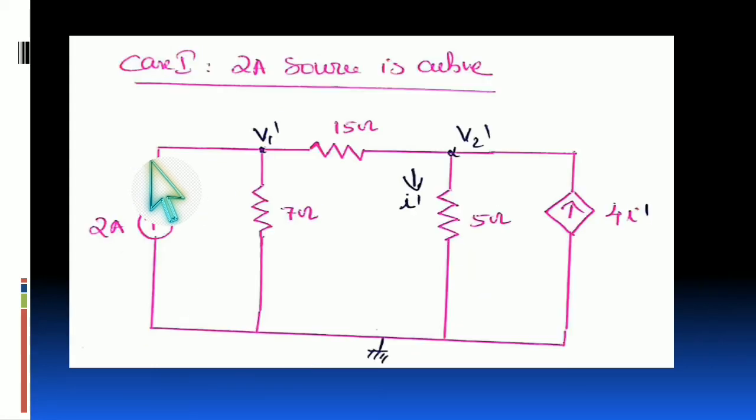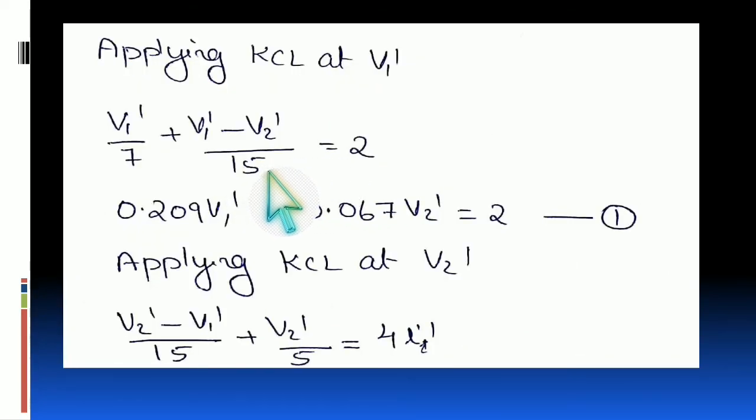One end of this 7 ohm is at potential V1 dash and the other at 0 potential or reference potential. Correspondingly, the current through this 7 ohm from V1 dash to the reference node can be written as V1 dash minus 0 by 7, or V1 dash by 7. Okay. Then this 15 ohm is connected to potential V1 dash at this point and potential V2 dash at this point. Correspondingly, the current through this 15 ohm from V1 dash to V2 dash can be written as V1 dash minus V2 dash by 15. Okay. By KCL, the sum of currents entering a node is equal to the sum of currents leaving that node.